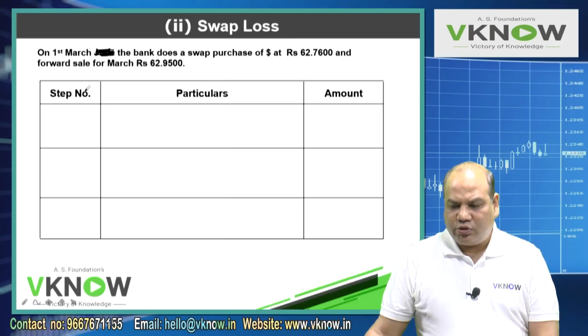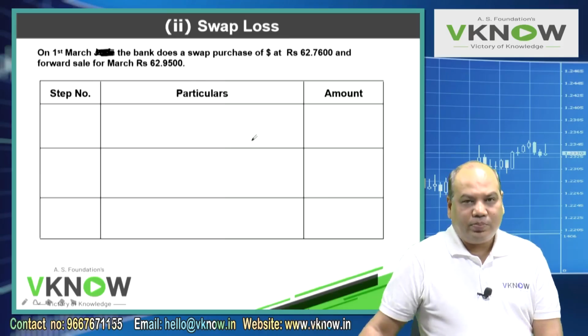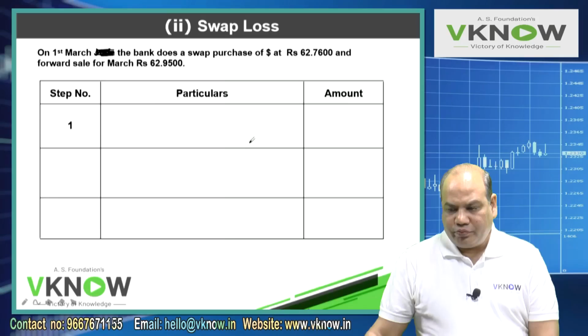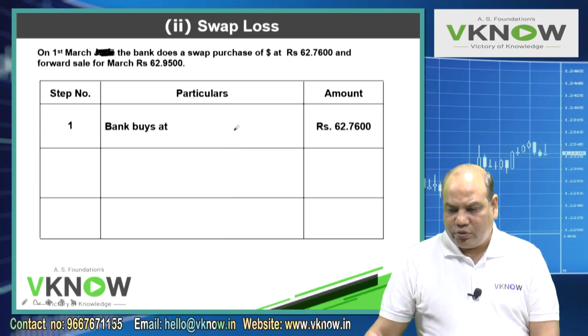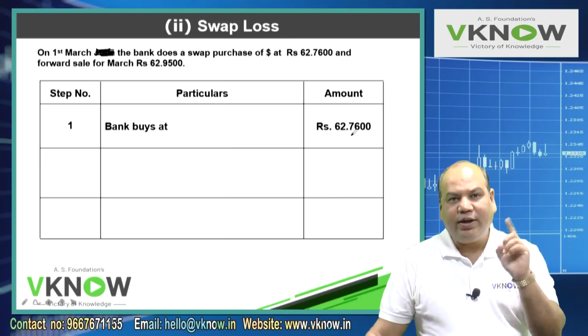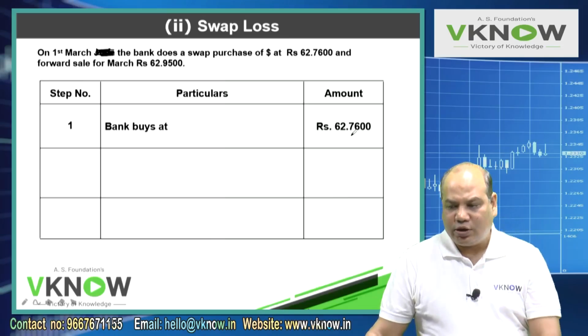Next line, write down step number, particulars, amount. Step number 1, bank buys at 62.7600. You have to refer to points C and E in the summary chart.